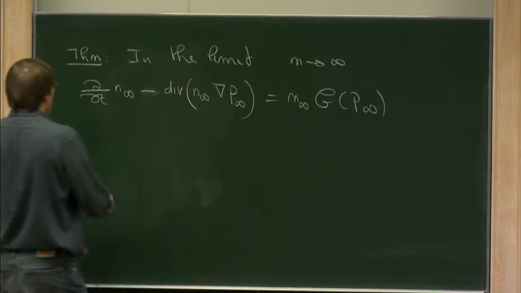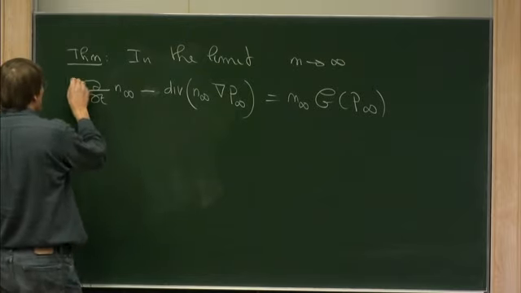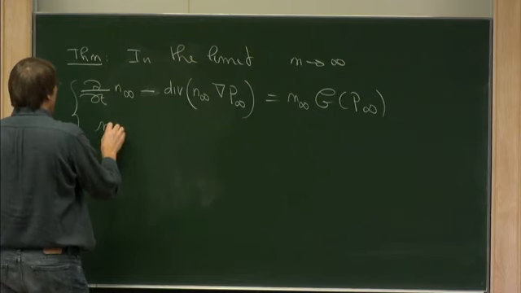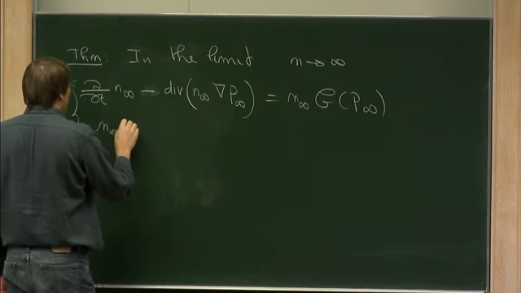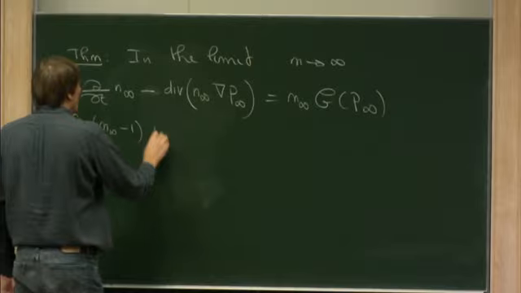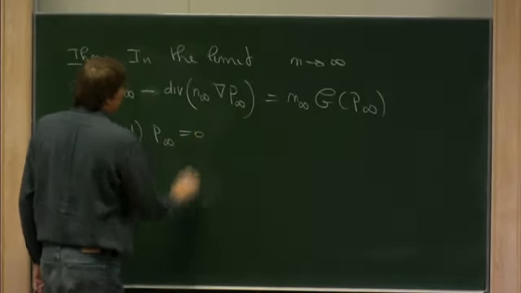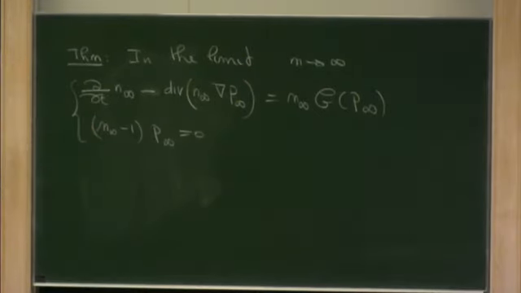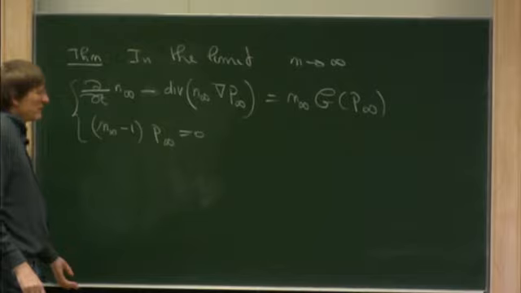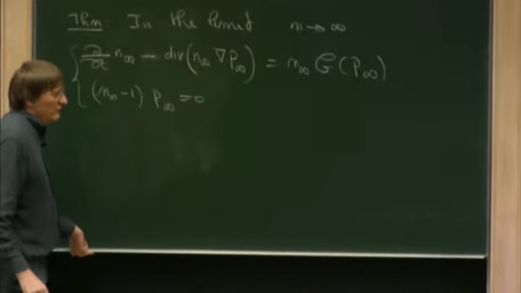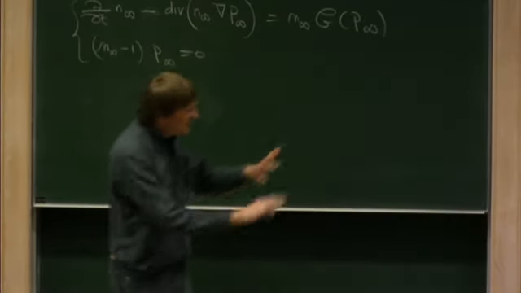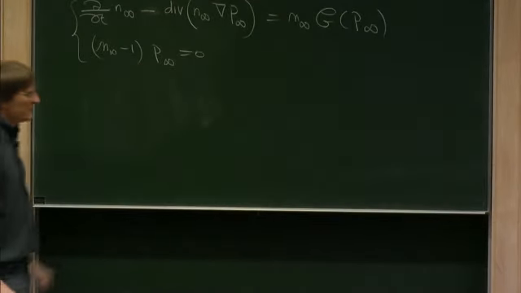What I claim is that you also get that n infinity minus 1 times p infinity is 0. These are functions defined in all the L^p spaces. We have a BV estimate in space-time, so n at least is BV.